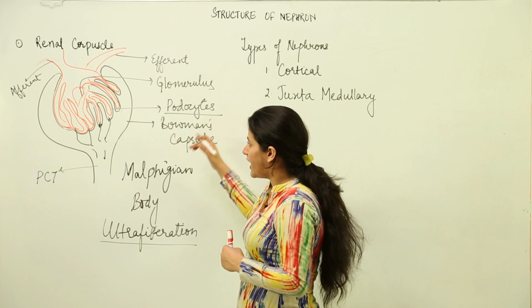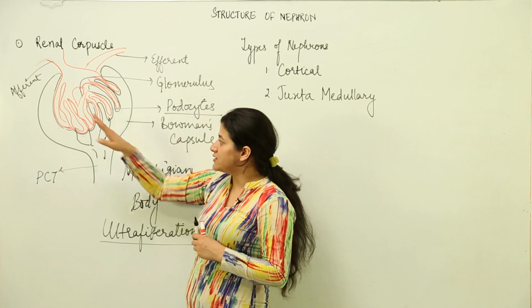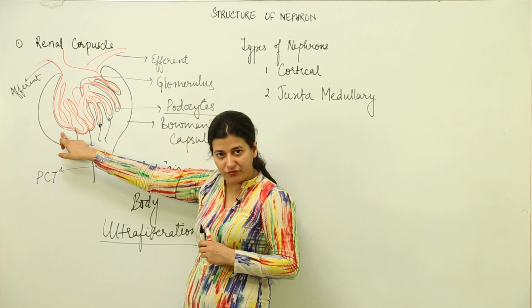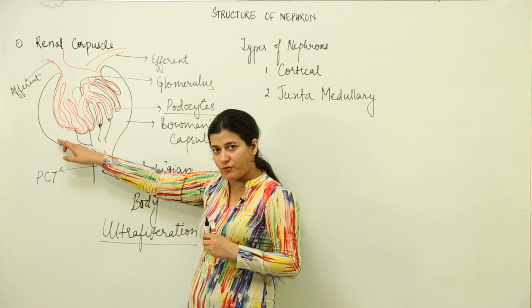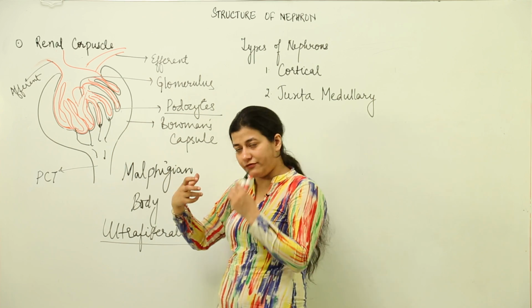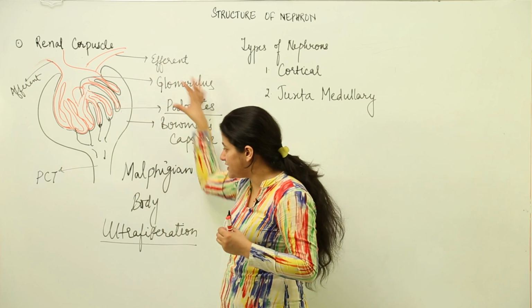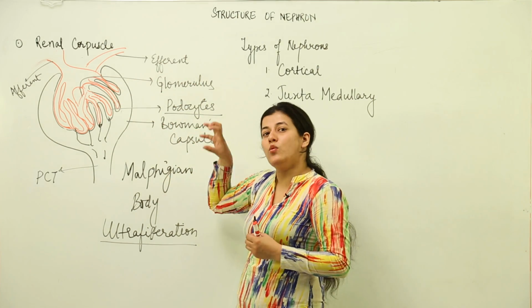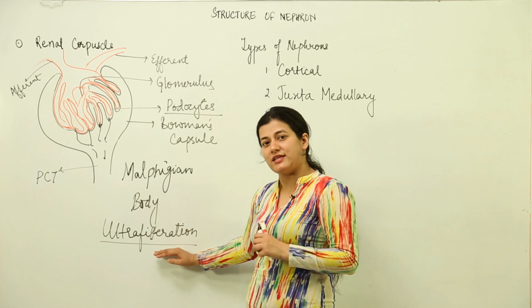It's a similar way as we see in all the epitheliums where diffusion takes place. There is a thin squamous epithelium of the capillary system, then there is a basement membrane, and then there is epithelium of the Bowman's capsule, and in between there are invaginations which are formed due to the tuft of capillaries, and slits are formed, that is known as podocytes. So basically this is all about the renal corpuscle, and why it is important, because it is the site of ultrafiltration that takes place inside a nephron.